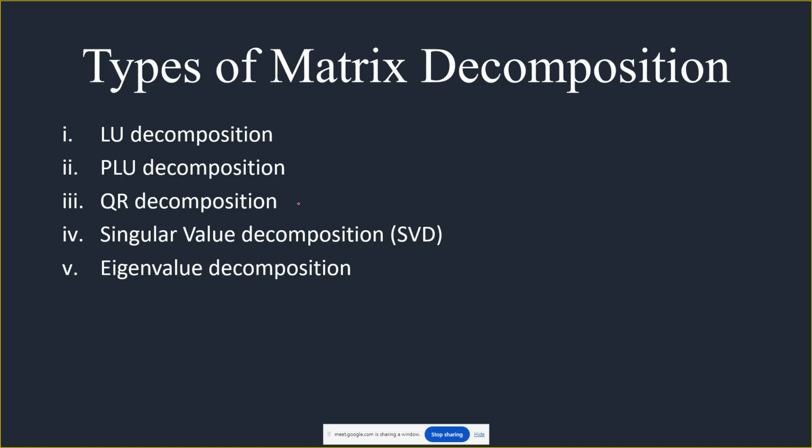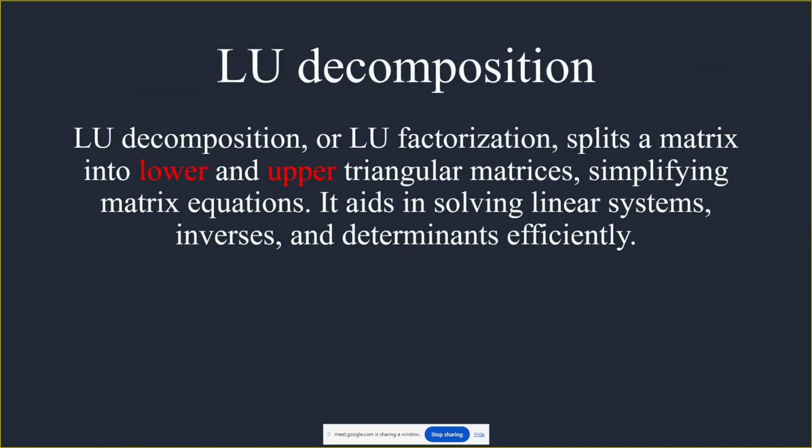In the next session we will be covering the QR decomposition in a more proper way, and there are 2 more decompositions, called singular value decomposition or SVD, and finally eigenvalue decomposition. We will cover the last 2 in the next session. Today we will cover LU decomposition, PLU decomposition, and QR decomposition. Now let's move to our next slide.